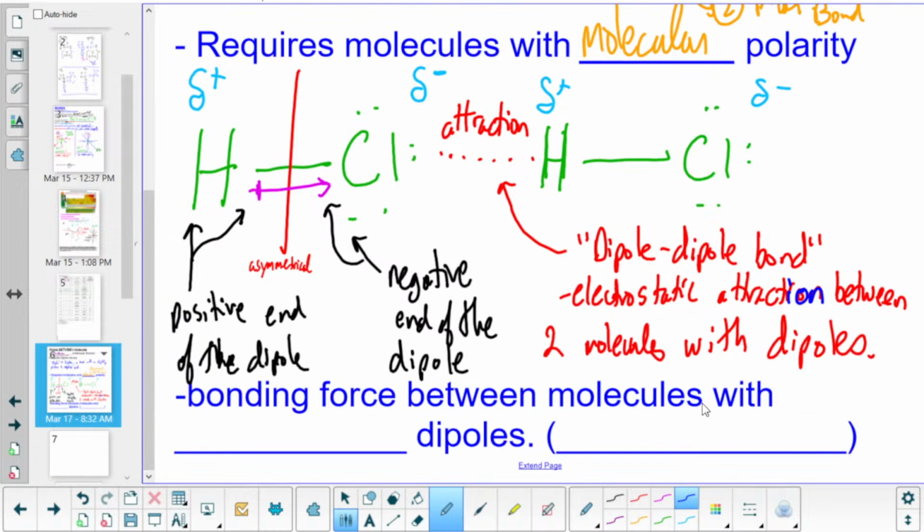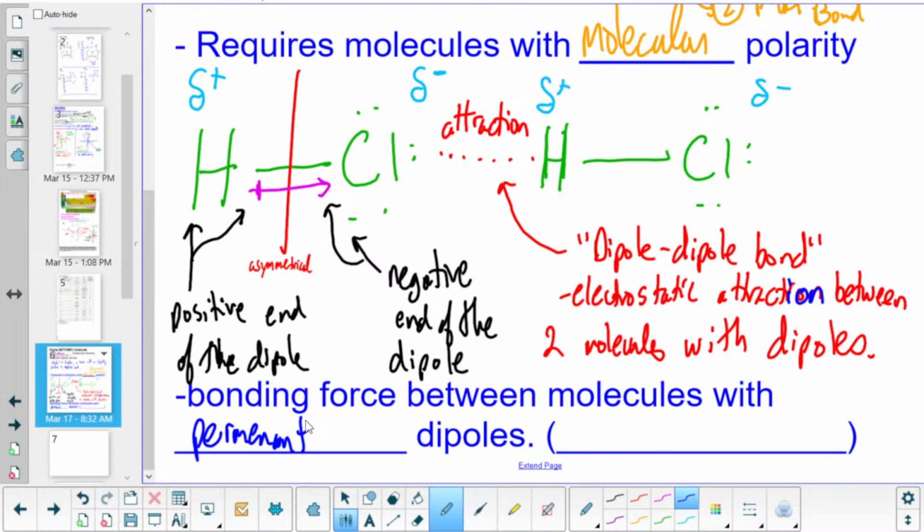Bonding force. The bonding force between molecules with permanent dipoles. Oh, right. I was saying your paper is held together with this. Wood fiber has a lot of polar molecules in it. And so when those individual strands are next to each other and they're dry, they stick together and form paper.